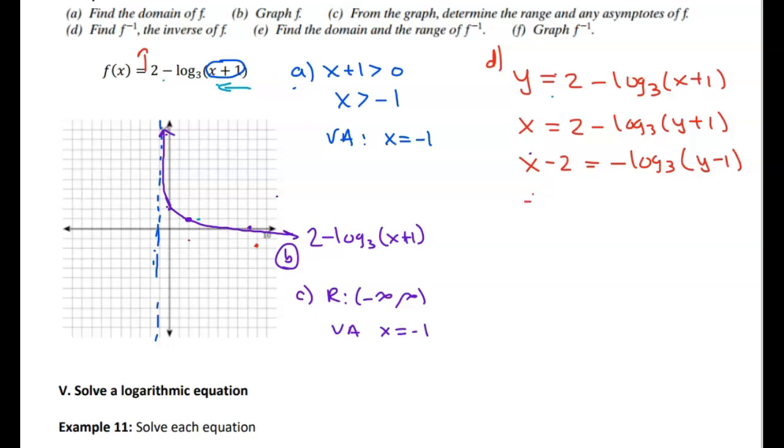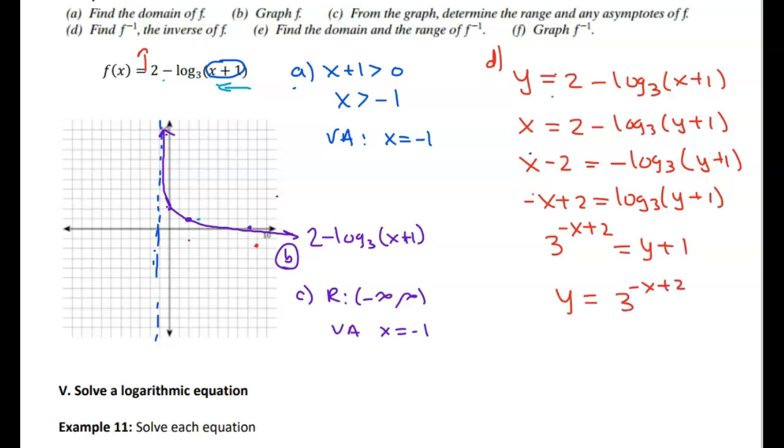Multiply by negative 1, so negative x plus 2 equals log base 3 of (y plus 1). Change it to exponential form, so 3 to the (negative x plus 2) equals y plus 1. So y equals 3 to the (negative x plus 2) minus 1. I'm going to write it as 3 to the negative (x minus 2), in parentheses, minus 1.